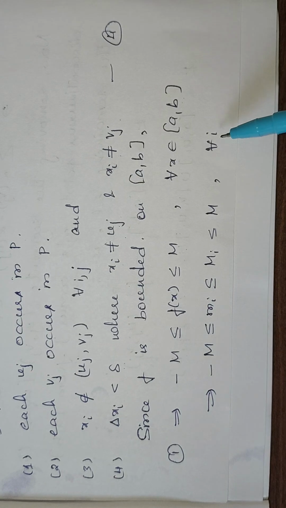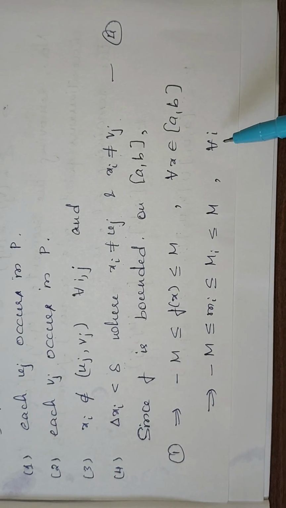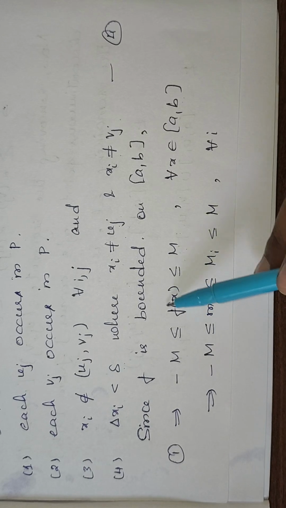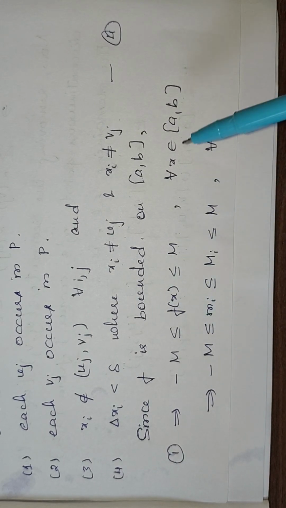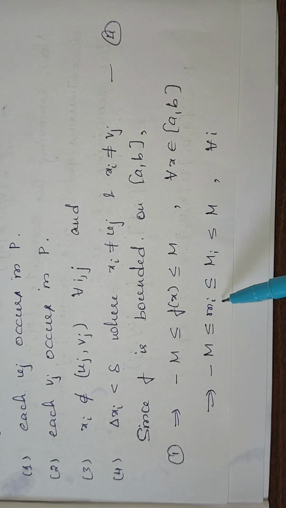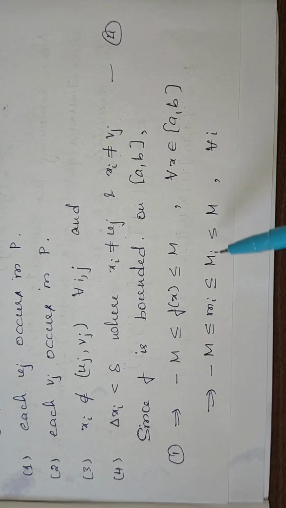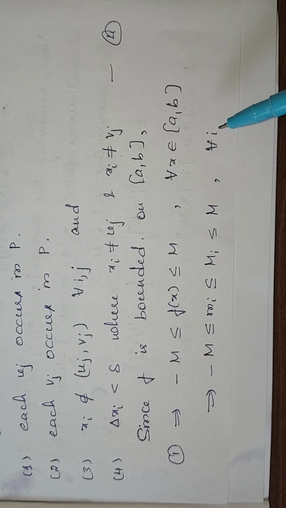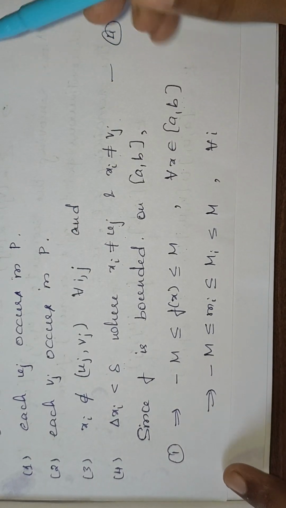Okay, and this is for all i. So why? It is because of this reason. See, this fx is lying between this and this for all x belonging to ab. So its infimum and its supremum also lie between this for each subinterval.